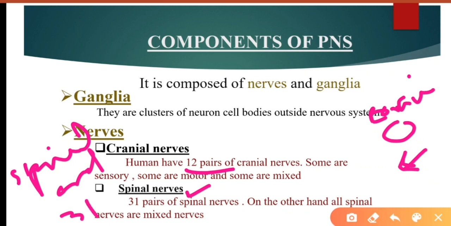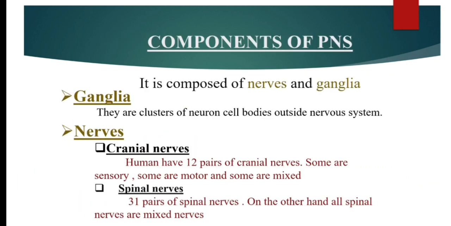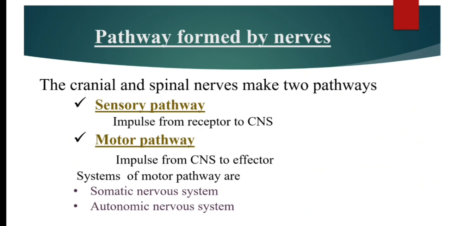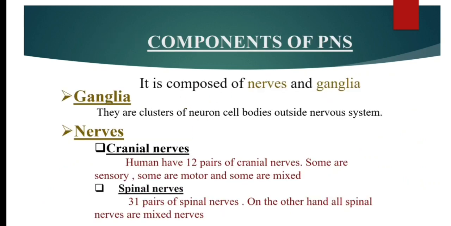Some cranial nerves are sensory, meaning they carry messages from receptor to central nervous system. Some are motor. They conduct message from central nervous system to effectors, and some are mixed.